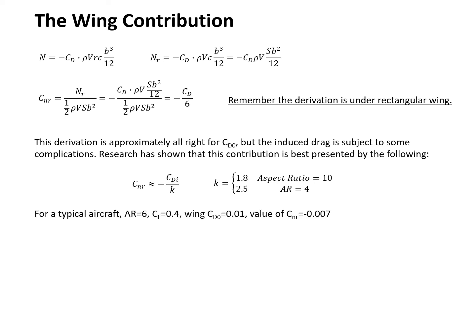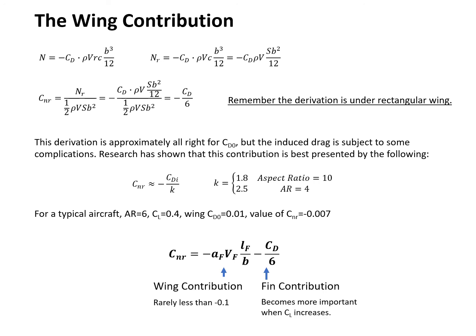Okay, so for a typical aircraft with an aspect ratio of 6 and a CL of 0.4, the wing contribution to CNR could be minus 0.007. So it's a very small contribution in comparison to the fin contribution. In total, this CNR can be expressed by the fin contribution and the latter part is the wing contribution.